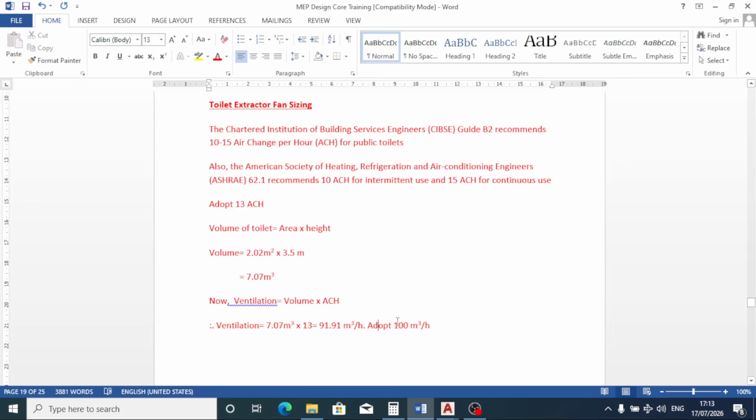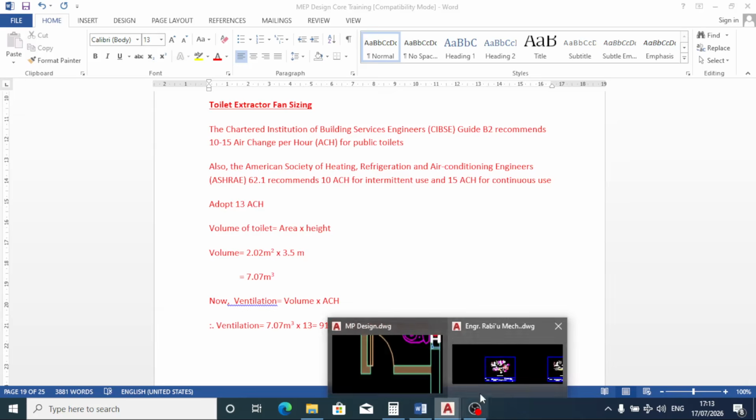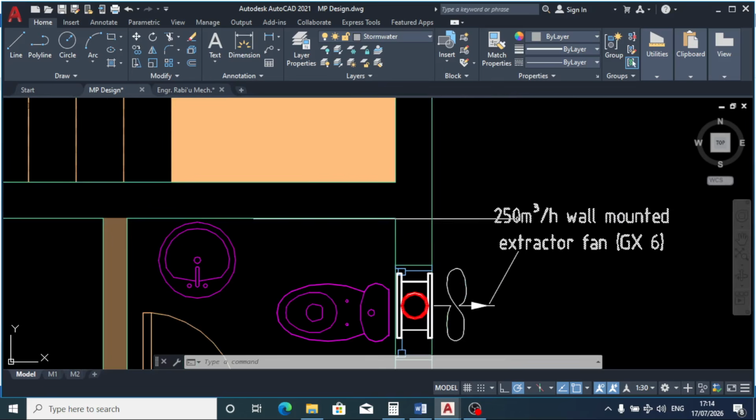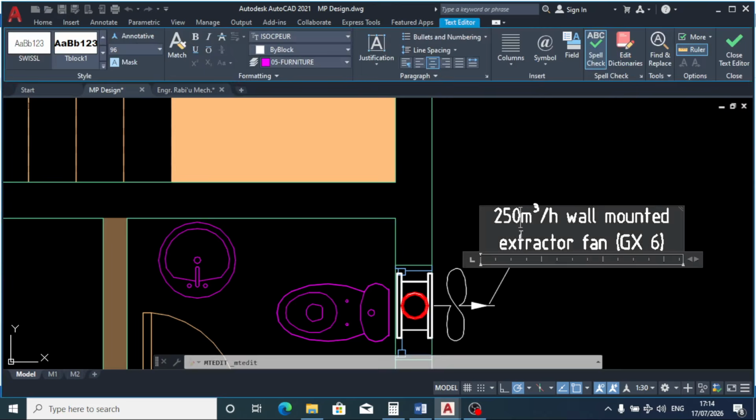So we are going to use this size for our toilet: 100 meter cube per hour wall mounted extractor fan. You can use GX6 or Expelia.